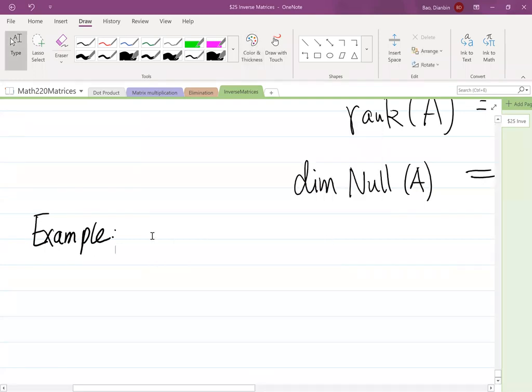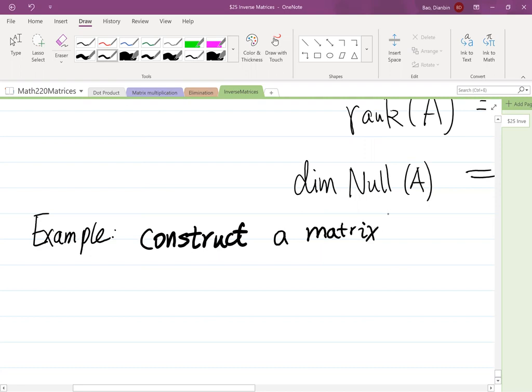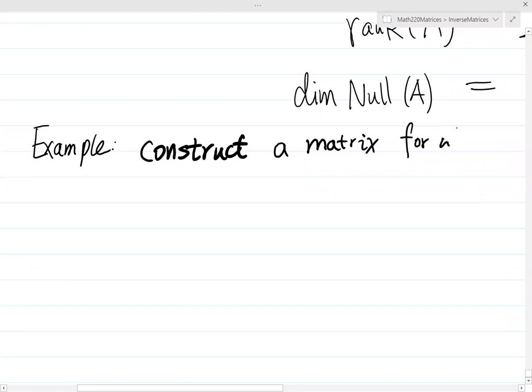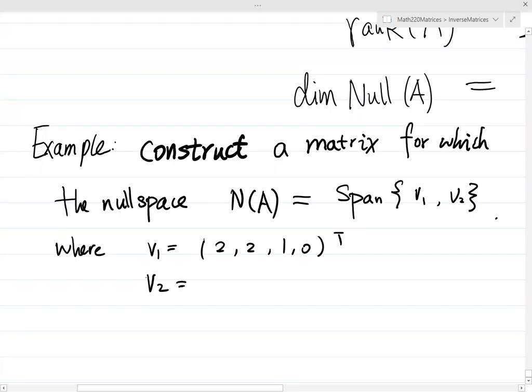Okay, this example. Suppose we want to construct a matrix A such that the null space of A, N(A), is the span of these two vectors V1 and V2, where V1 is this vector (2, 2, 1, 0) transpose, and V2 is this vector (3, 1, 0, 1) transpose.